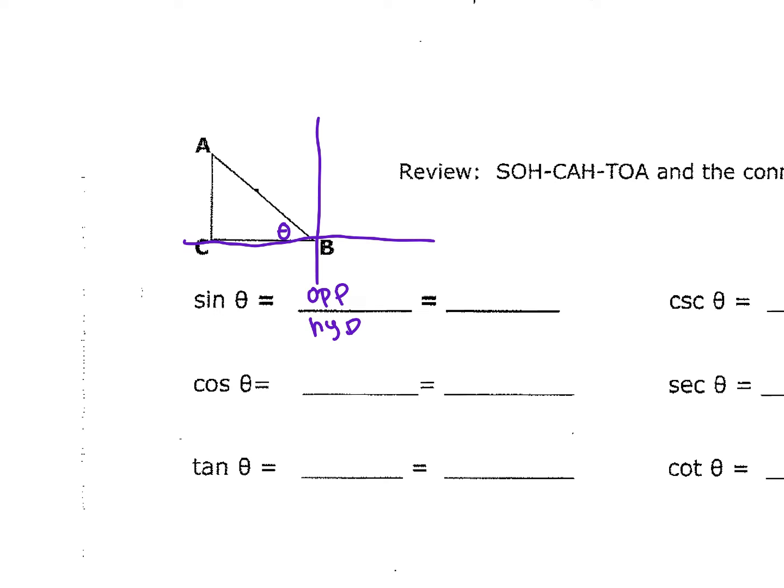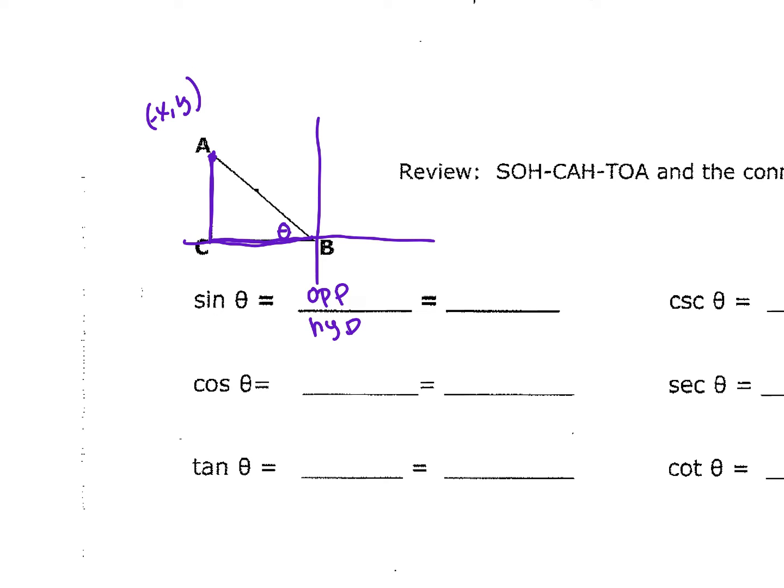So if we were at this point out here, x, y. Actually, in this case, it would be a negative x value, right? That doesn't really matter. We just want to know whether it's x or y or whatever.